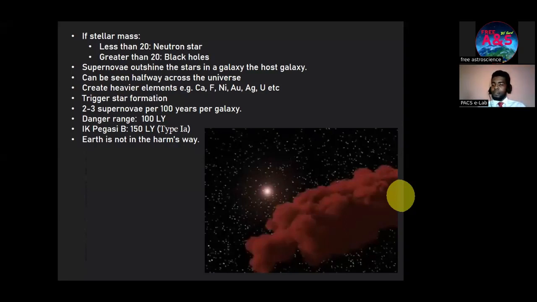Now, supernovae are very energetic events. When a supernova explodes, it can outshine all the stars in that galaxy. In fact, we can see supernovae halfway across the universe. The diameter of the universe is about 90 to 92 billion light years, so half of that is about 45 to 46.